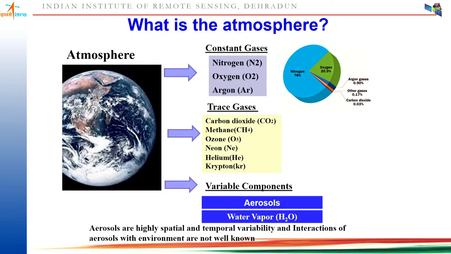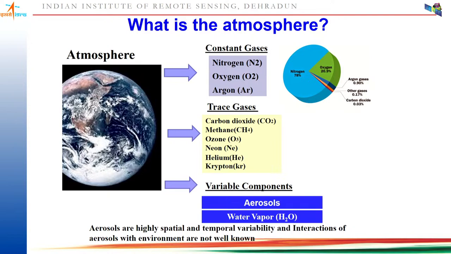There are other components which are variable in nature, that is aerosol and water vapor. Aerosols are particulates of larger size than molecules or gases, and this ranges from 0.001 to 100 micrometers. You have all heard about particulate matter, aerosol particulate matter.